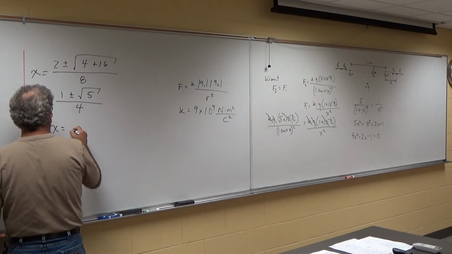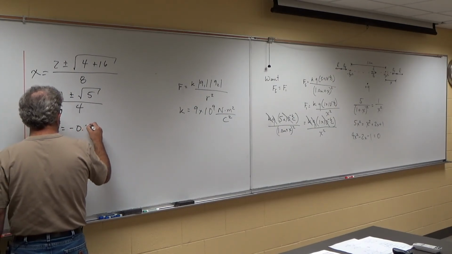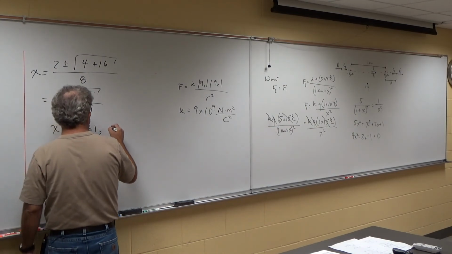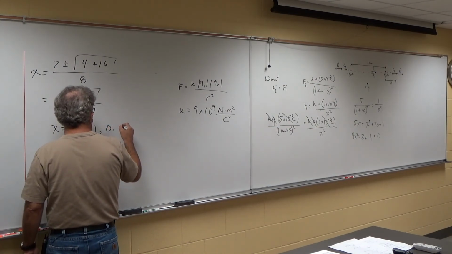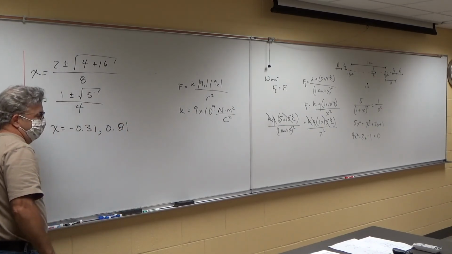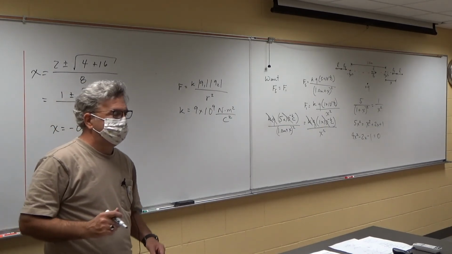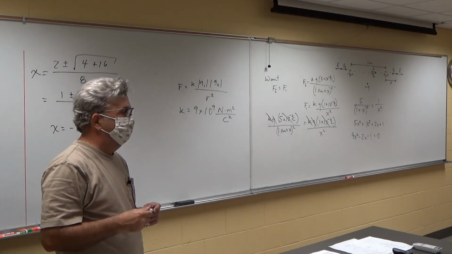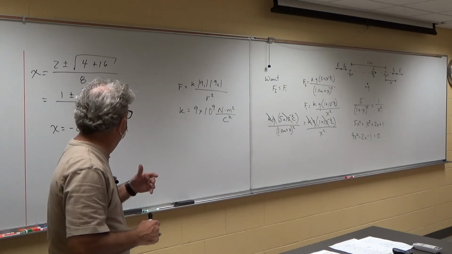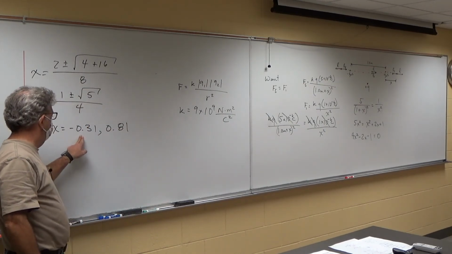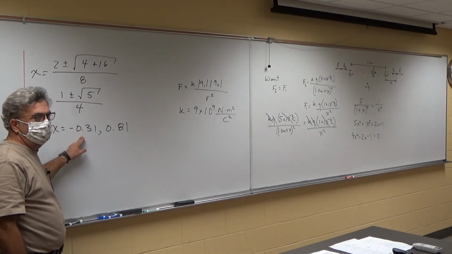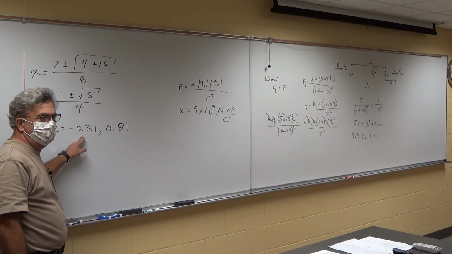Okay, x is equal to negative 0.31, or 0.81, and that is in meters. This answer is true if those charges were both positive or if they were both negative.